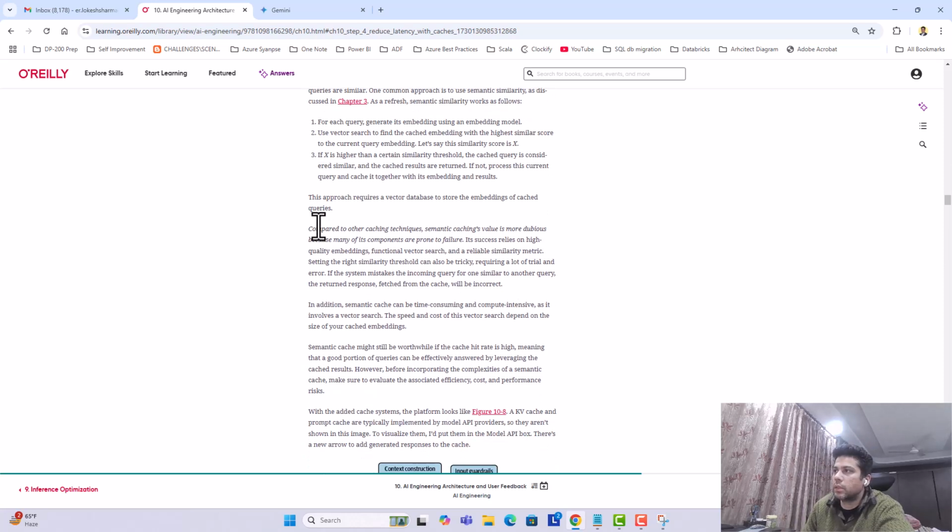This is good. This approach requires a vector database to store the embeddings of cached queries.